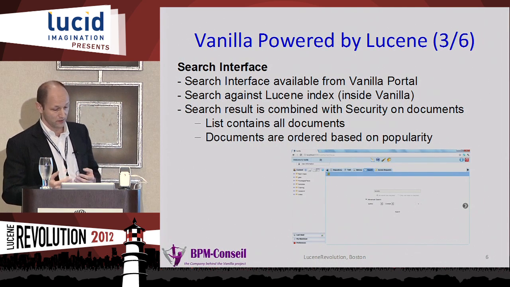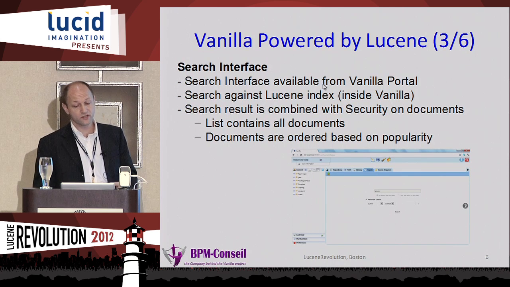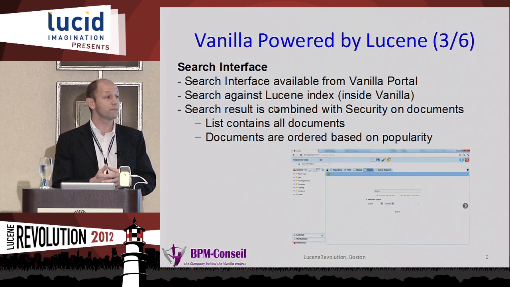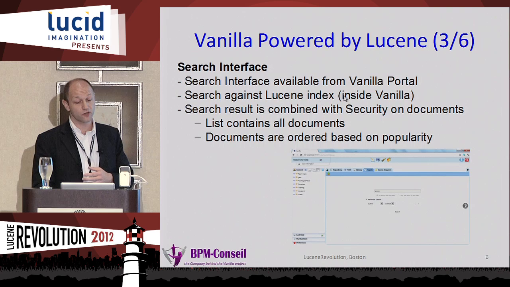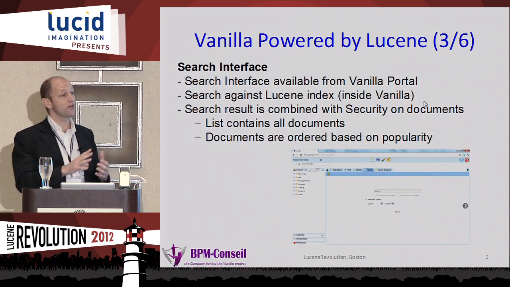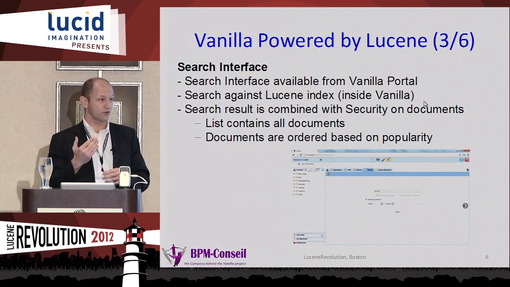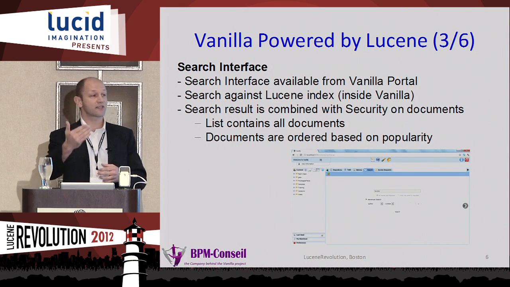Okay, so search is available from the Vanilla portal. We search against the Lucene index inside Vanilla because it was an embedded Lucene, and the search result is combined with security of documents, which means when you run a search, you get a list of documents, reports, but maybe for some reports that are generated in PDF, you don't have access to the document.